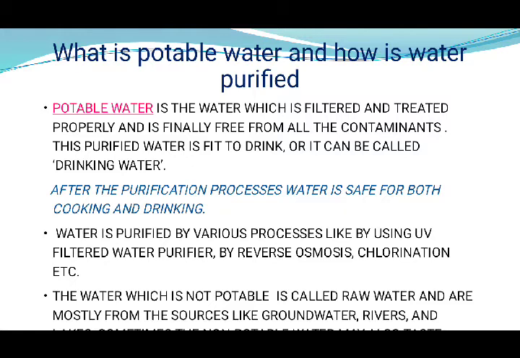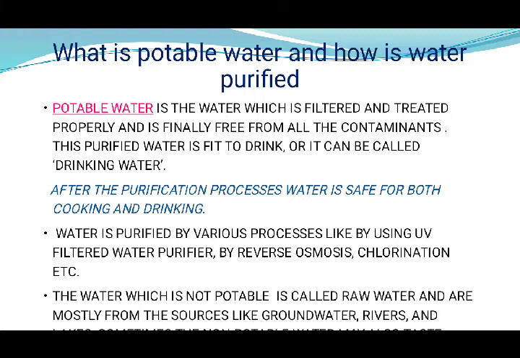After the purification process, water is safe for both cooking and drinking. So we cannot consume the polluted water. In order to make use of that water, we need to convert it into potable water, which is the filtered and treated water, finally free from all the contaminants.